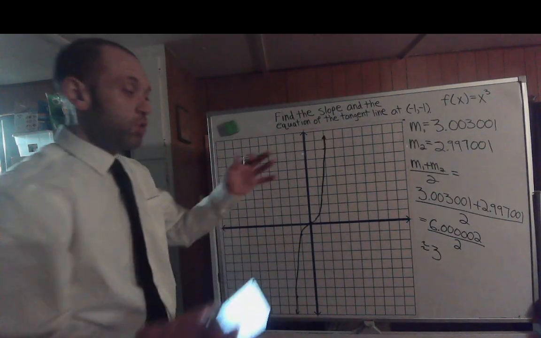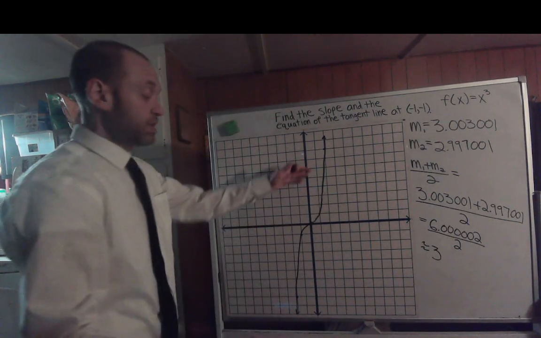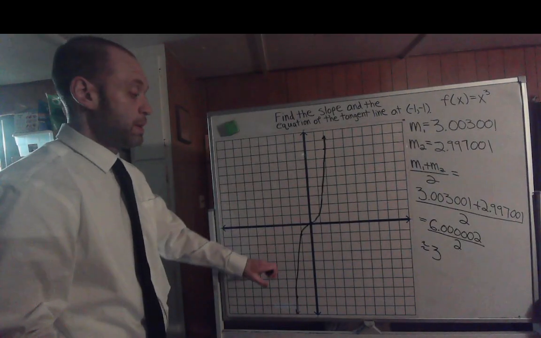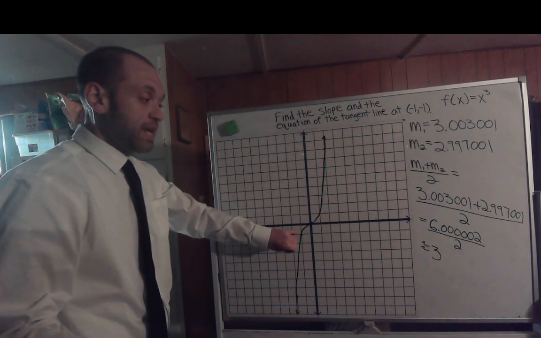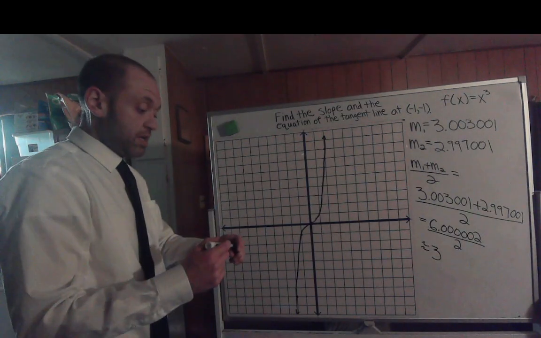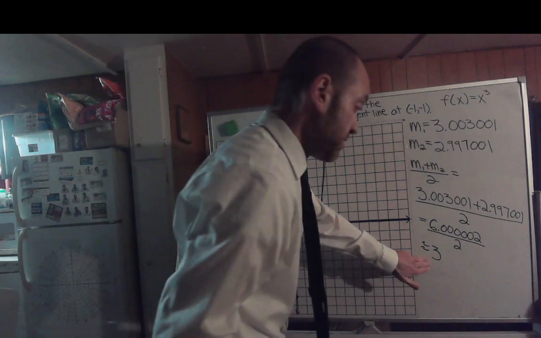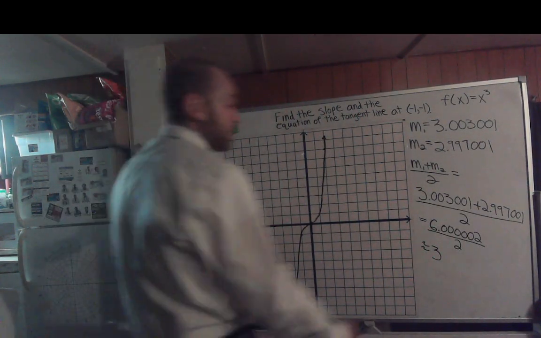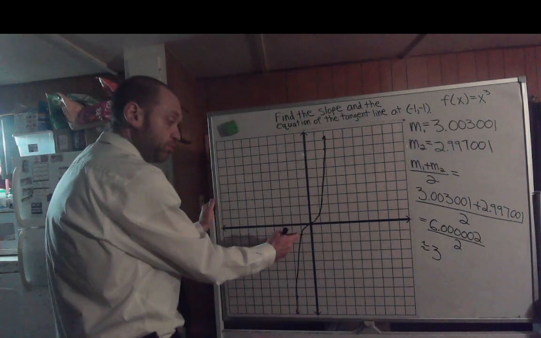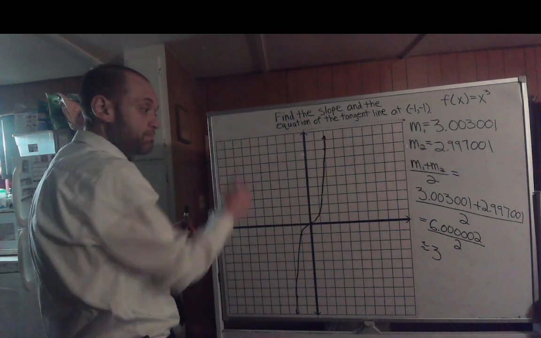And if we kept going, getting infinitely closer and closer to that x value of -1, you would in fact come up with a slope of 3 at the point x equals -1.